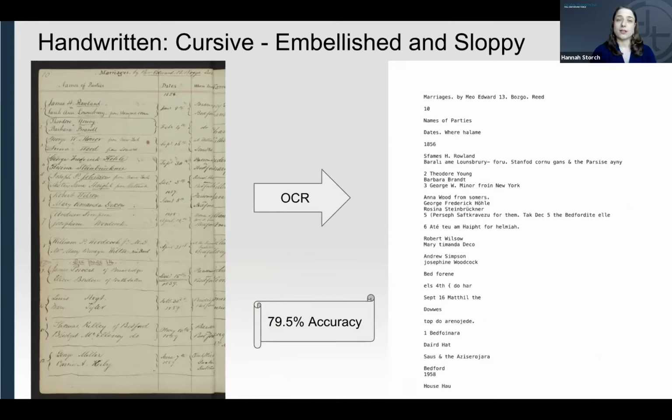However, this particular client highly valued word-for-word searching, so keyword searching. So they were actually receiving searchable PDFs. So there was still a lot of value for them to be able to search for something like 1856 and find the names of the parties involved in this particular record.